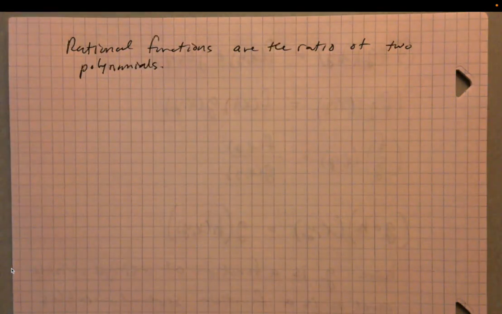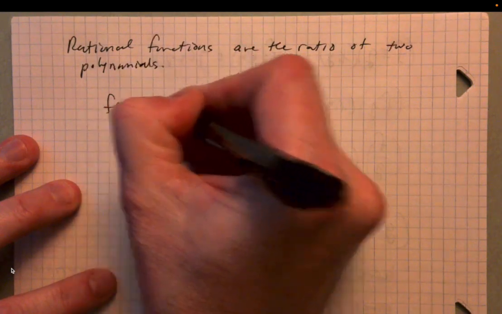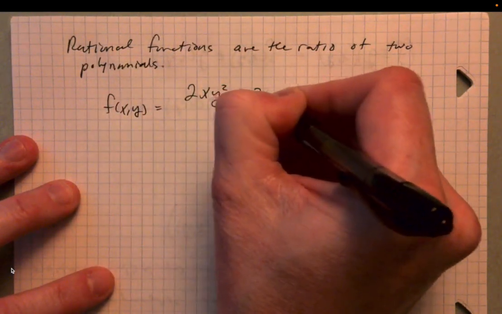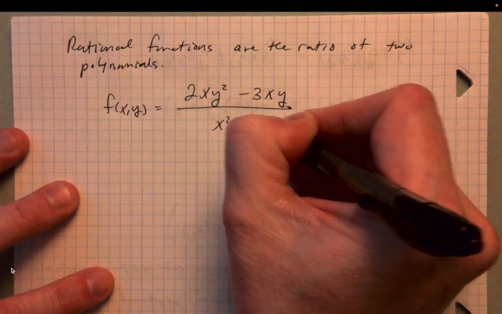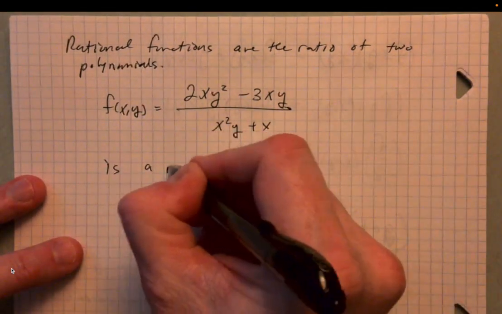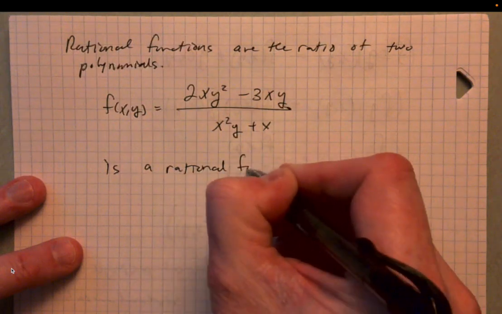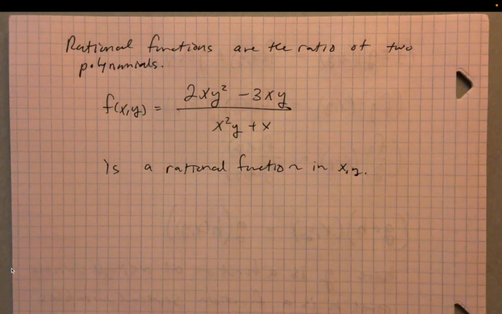Just like with functions of a single variable, so things like this, something like that, right? So this is a rational function in x, y. And again, just the exact same definition as with functions of single variables, just extended to now allow for multiple independent variables.